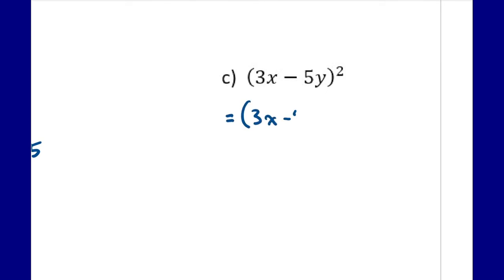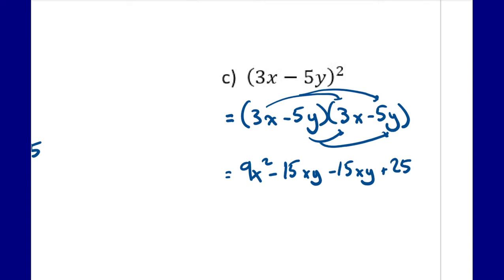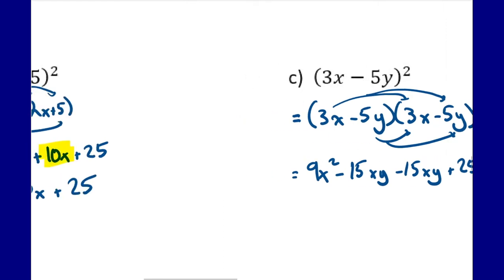Again, 3x minus 5y squared is 3x minus 5y times 3x minus 5y. Distributive property. 9x squared minus 15xy minus 15xy plus 25y squared.